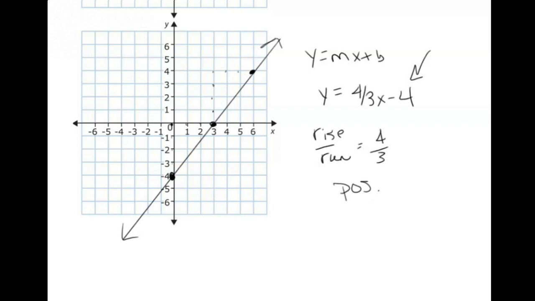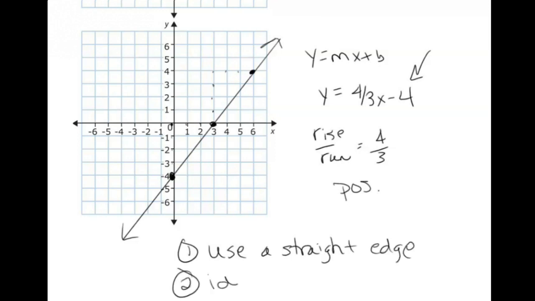So use a ruler or the side of a book or something. I want to make sure that you do at least 3 points on the graph before you draw the line. So give me at least 3 points. So use a straight edge. Don't be lazy. Identify 3 points before connecting.